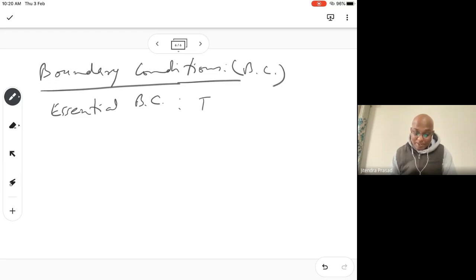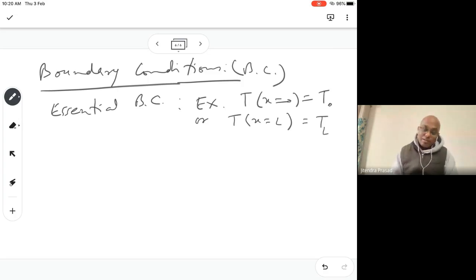Examples: you can have T at x equal to 0 equal to some value T naught, or T at x equal to L equal to some value, let us call it T_L. So this is a boundary condition.